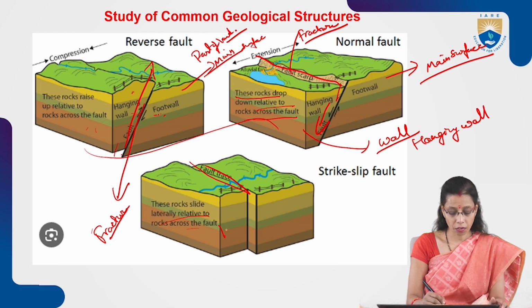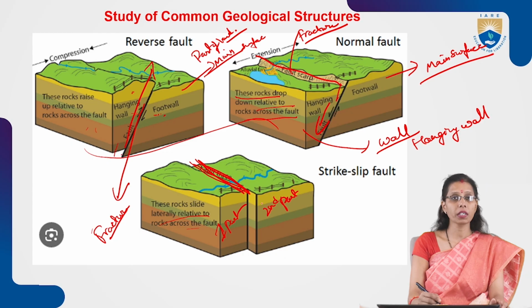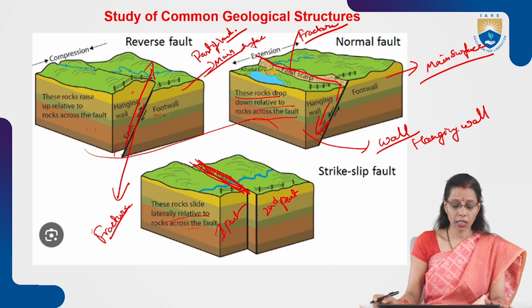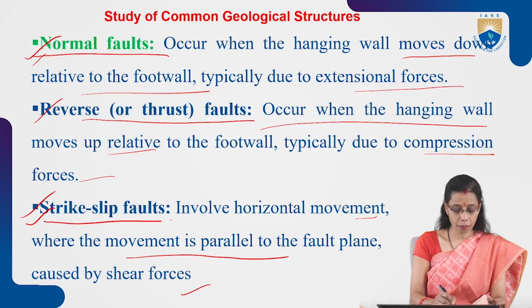So this is the first part of land, and this is the second part. You can see it sliding from here to here in a horizontal direction. This is what this type of fault looks like, moving sliding apart, and we call it strike slip faults.